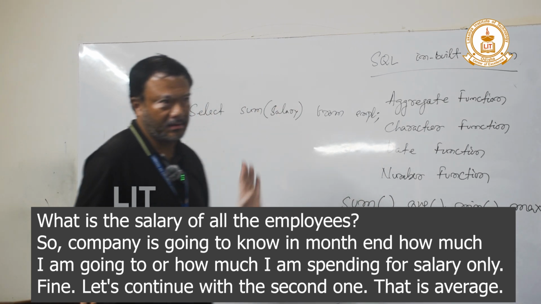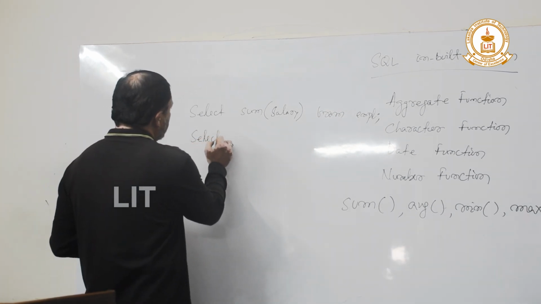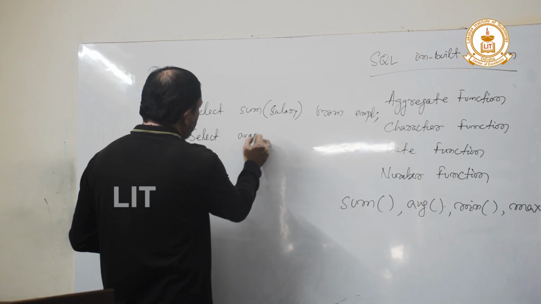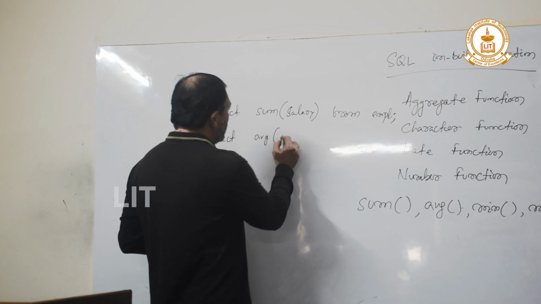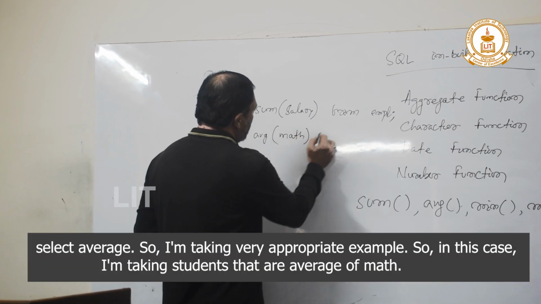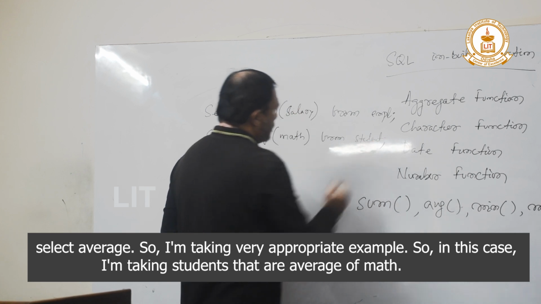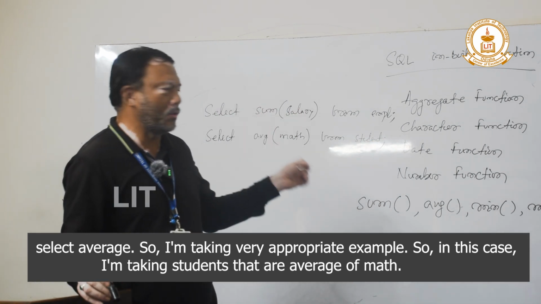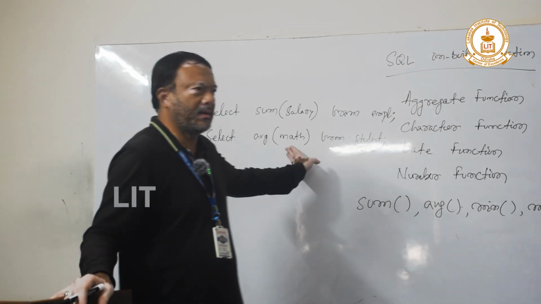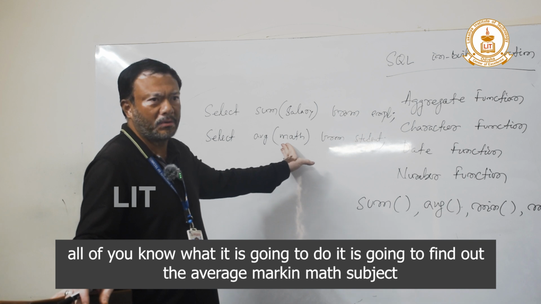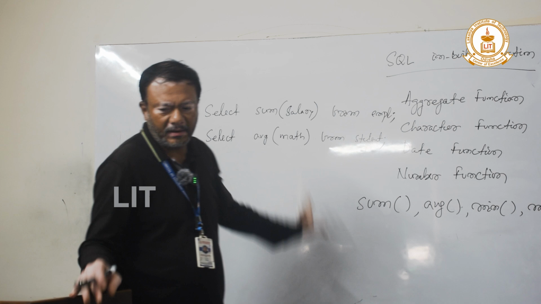Let's continue with the second one. That is average. Okay. Write the example. Select average. So I'm taking a very appropriate example. In this case I'm taking students data, average of math from student. This is the second example for the second aggregate function, students. That is AVG. All of you know what it is going to do. It is going to find out the average mark in math subject. Fine. So let's write.